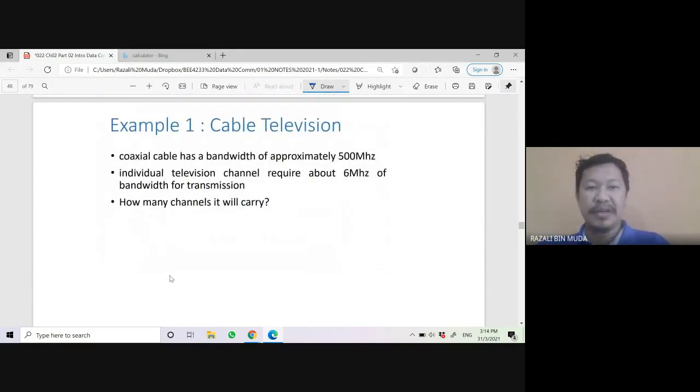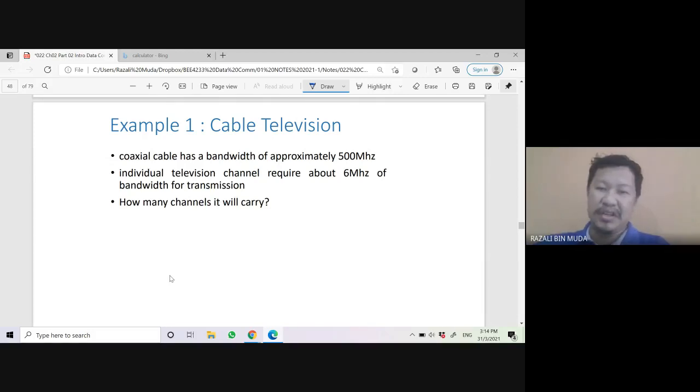Okay, so example, cable TV. Coaxial cable has a bandwidth of approximately 500 MHz. Individual television channel requires about 6 MHz of bandwidth for transmission. How many channels will it carry?